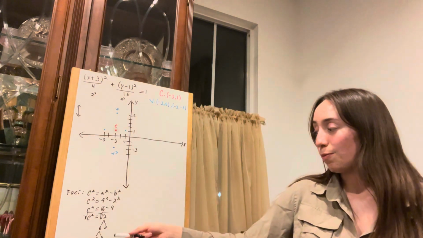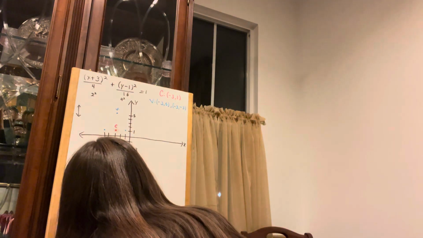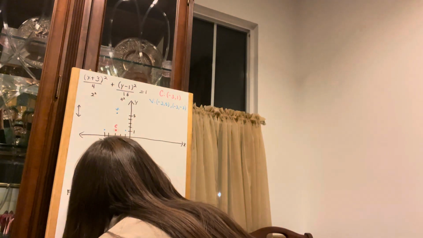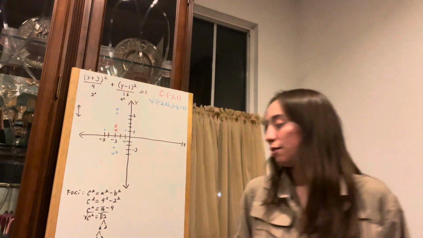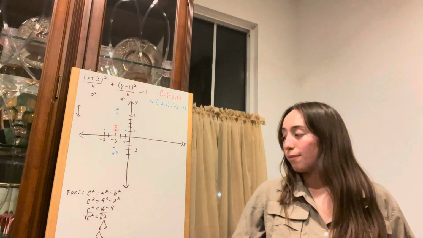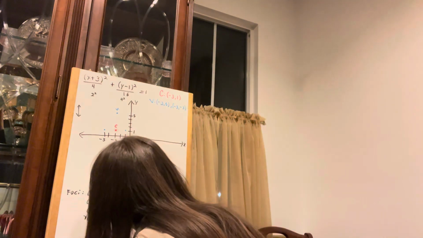So what the square root of 12 is going to be is 2 square root 3. That equals the square root of 12.